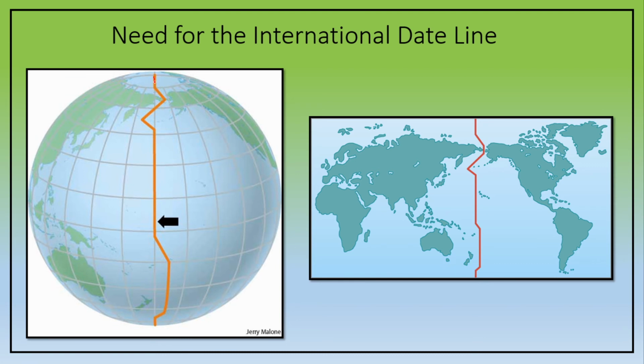And why is it zigzag? It is zigzag because it keeps all the countries under the same administration on one side, and when there are no countries along its path, it follows the 180-degree longitude.